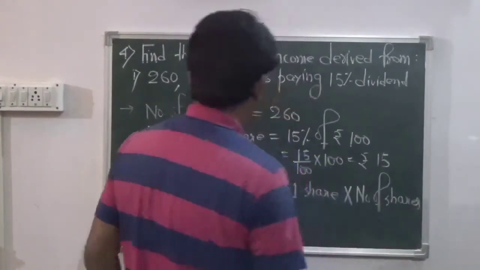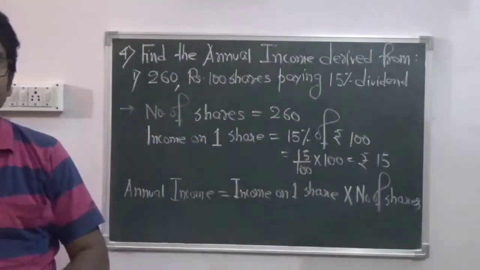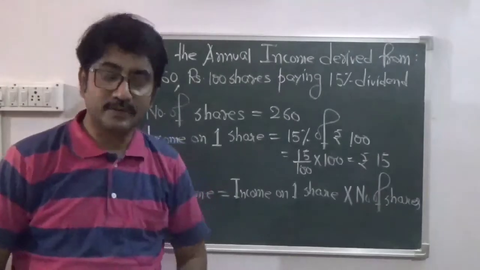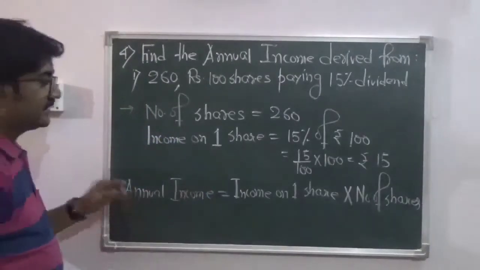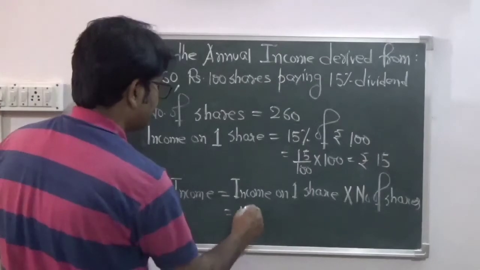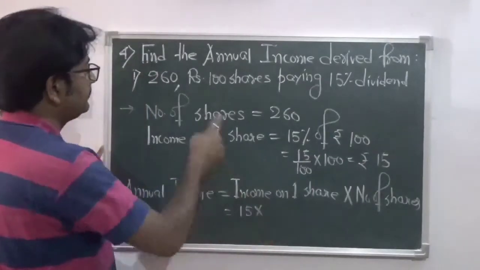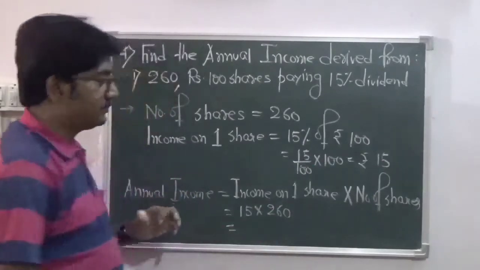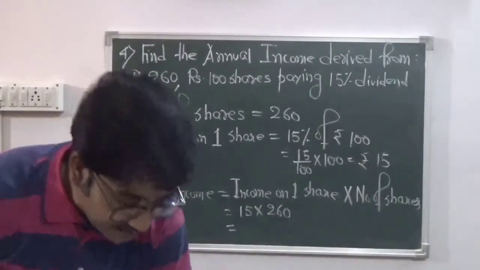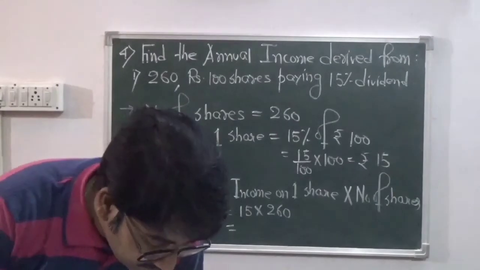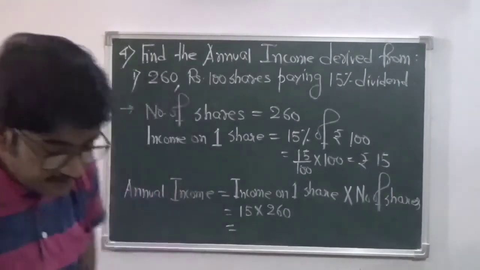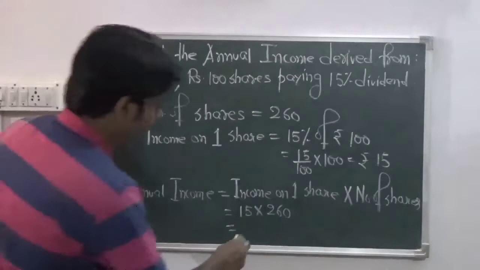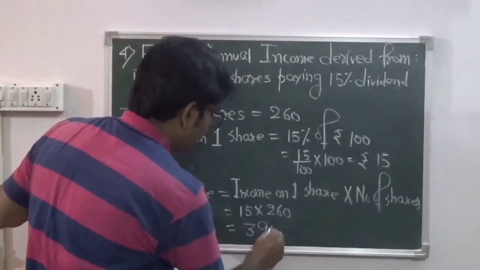So your profit is rupees 15 on one share. So what is the total profit or the total annual income? That is the income on one share, that is equals to 15 multiply the total number of shares, that is 260, and that is coming to 3900. The answer is 3900.